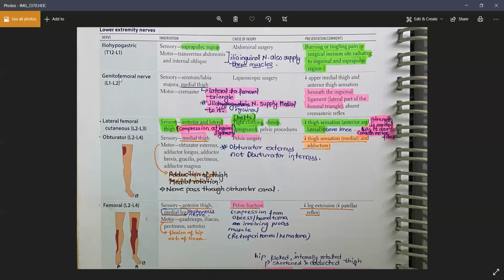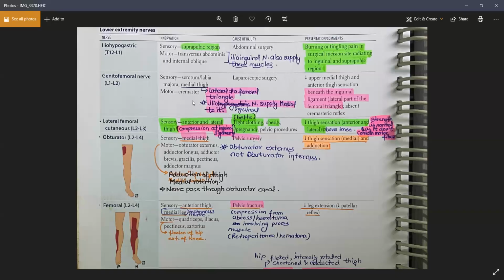For that, you need to stimulate the nerve in the medial thigh, by stimulating the middle of the thigh, right? And you need to know the location of the middle thigh, that means lateral to the femoral triangle. See, you have the femoral triangle, right? And lateral to the femoral triangle, it is supplied by the genitofemoral nerve. Okay, it's still the medial thigh, but kind of lateral to this femoral triangle.